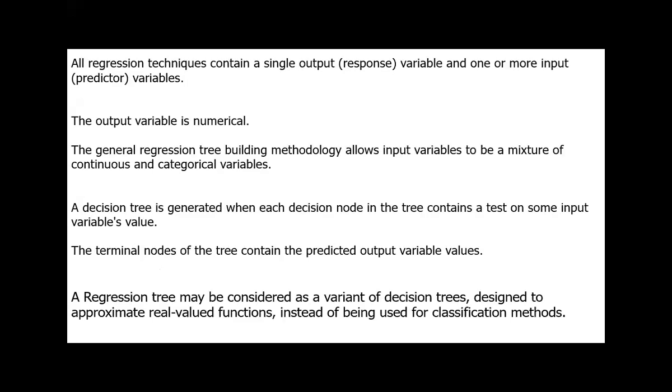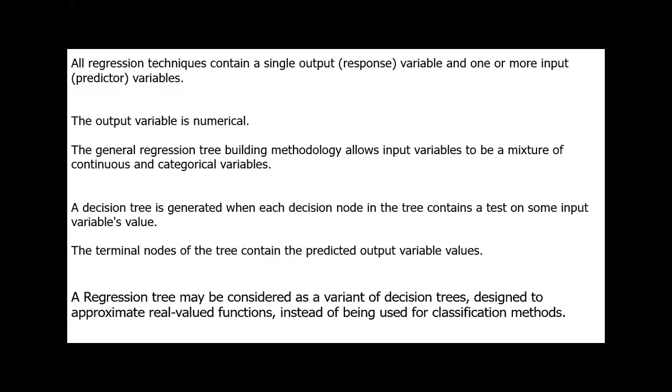Classification deals with continuous variables, numerical variables, and categorical variables. What do you mean by a categorical variable? What is meant by a continuous variable? A categorical variable means a category like good, bad, average, or yes, no, male, female.